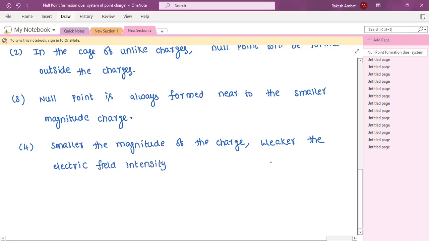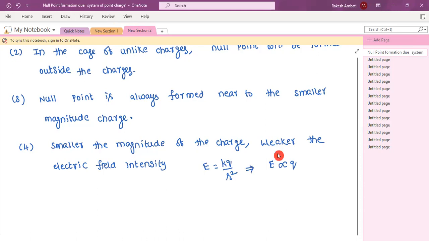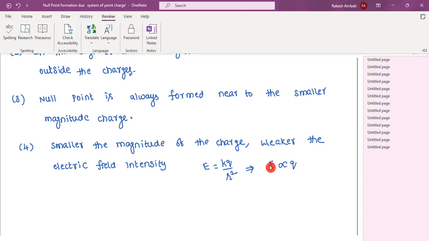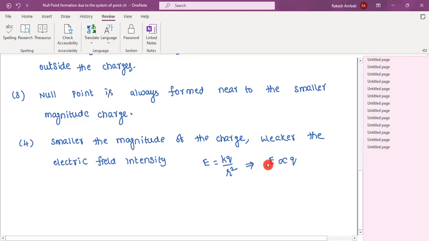Why? Because we have E proportional to Q. In the case of a point charge, the intensity E equals KQ upon R square. So from this equation, E is proportional to Q, where Q means the magnitude of the charge. So intensity and the magnitude of the charge are directly proportional. So smaller the magnitude of the charge, weaker the electric field intensity.